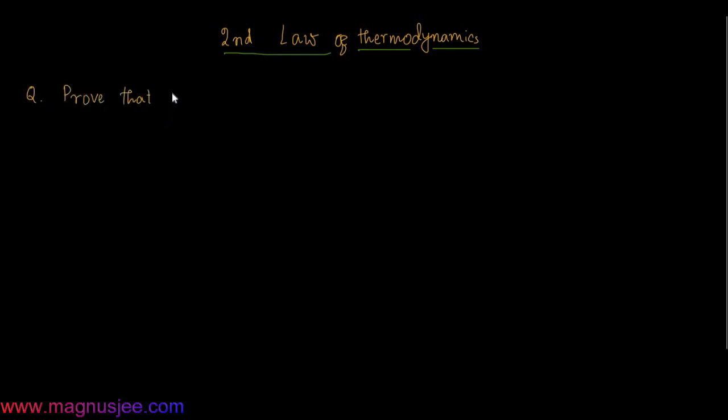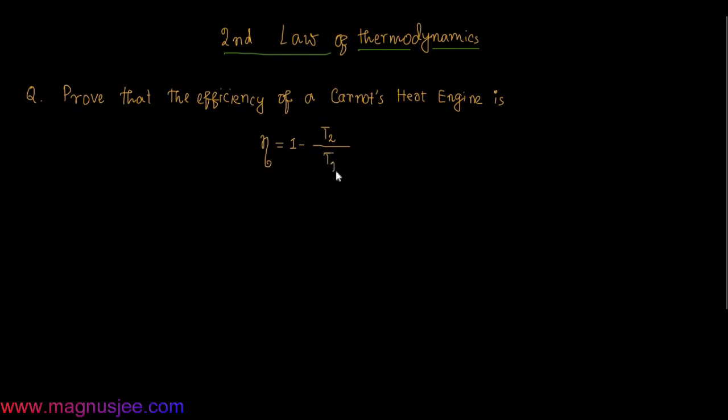Prove that the efficiency of a Carnot's heat engine is eta equals 1 minus T2 by T1, where T1 is the temperature of the source, that is, the temperature of the hot chamber, and T2 is the temperature of the sink.